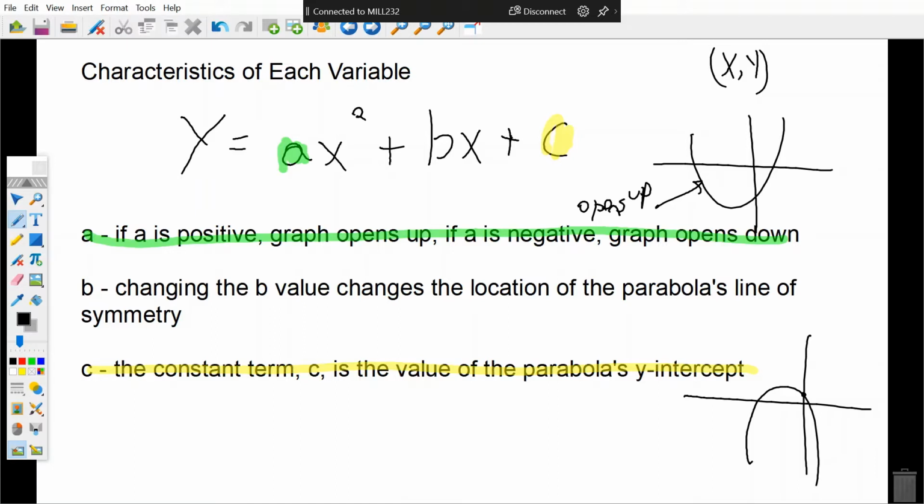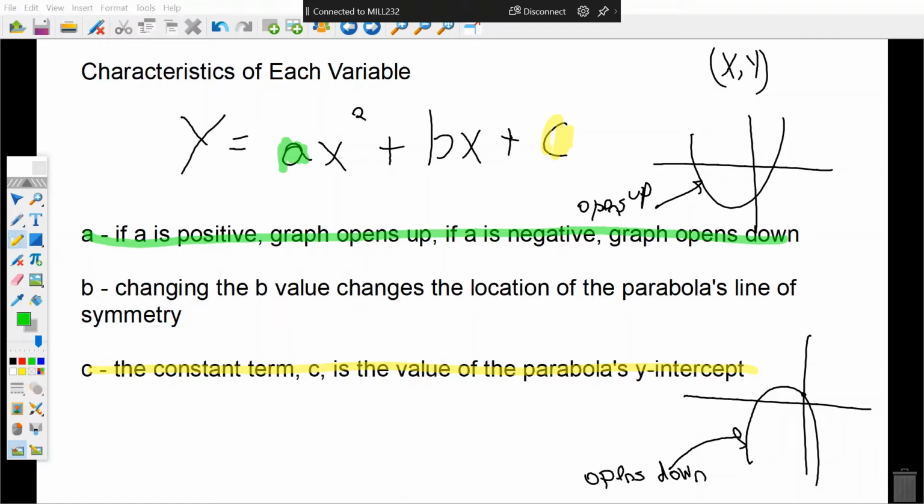As if you look at it, it's moving up, right? It opens up. Whereas this parabola over here, this one, we would say opens down. If the value of A is positive, the graph opens up. If the value of A is negative, the graph opens down.